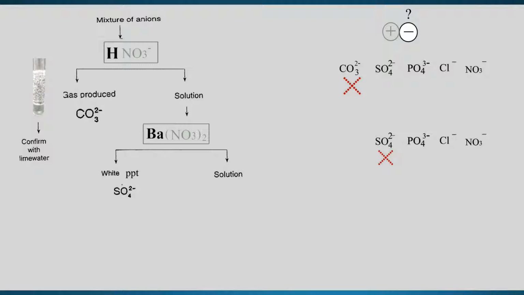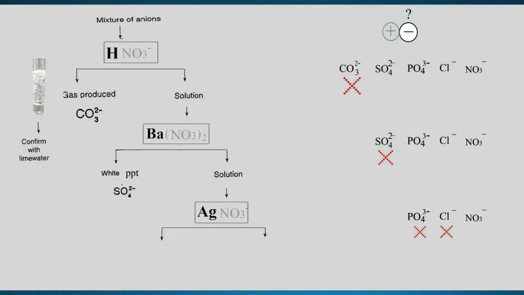It will form a white precipitate. If the solution is still soluble after you put barium in, it means they can't be sulfate and can't be carbonate. What else can it be? So it must be phosphate, chloride, or nitrate.